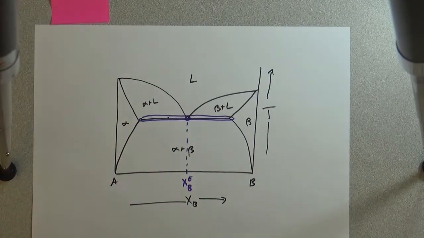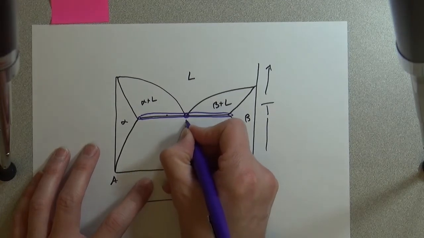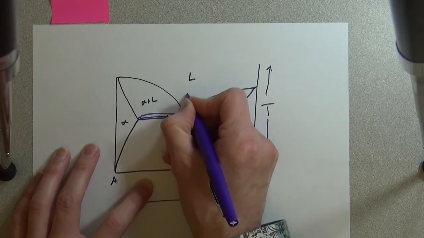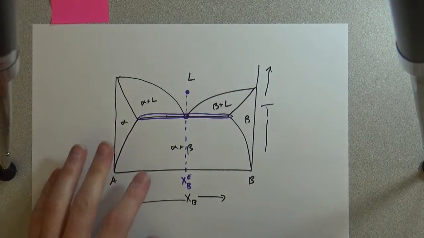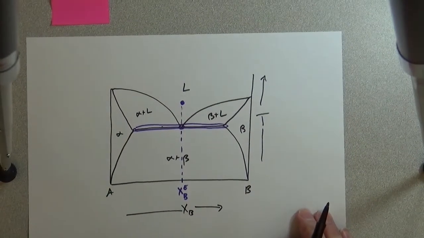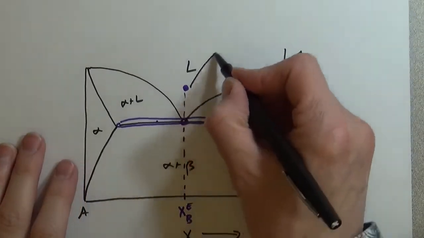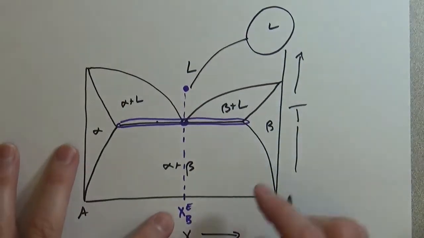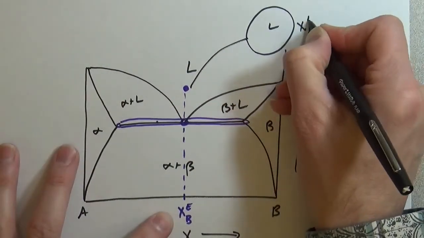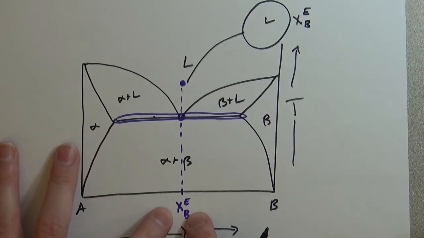Okay, so we're going to heat it up until it goes into the liquid region. In the liquid region, we have a microstructure which is again all liquid, and the composition is given by the total composition of the system.